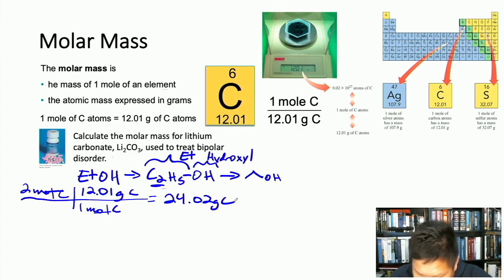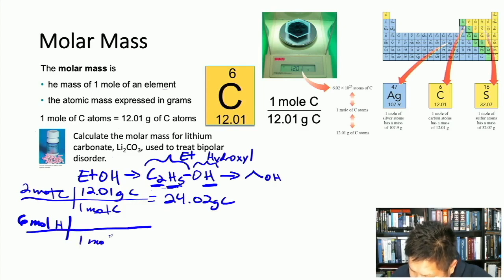Then the next thing in line in the formula here is the hydrogen. We have 5 hydrogens there and 1 extra hydrogen there, so that means we have 6 total moles of hydrogen. Same process again, we want to cancel hydrogen moles, so we'll put 1 mole of hydrogen at the bottom, right? And what's the molecular weight of hydrogen?